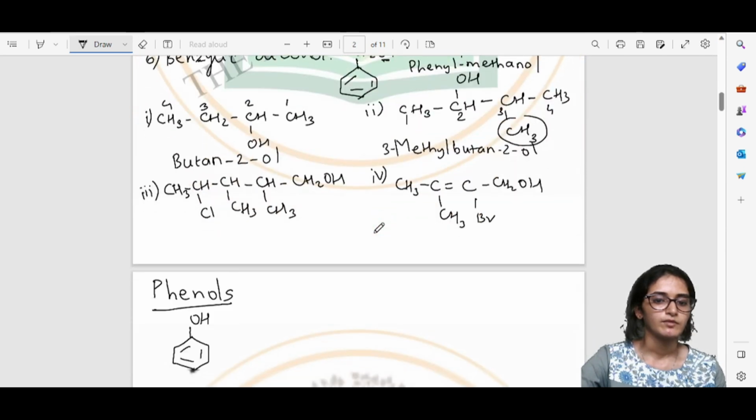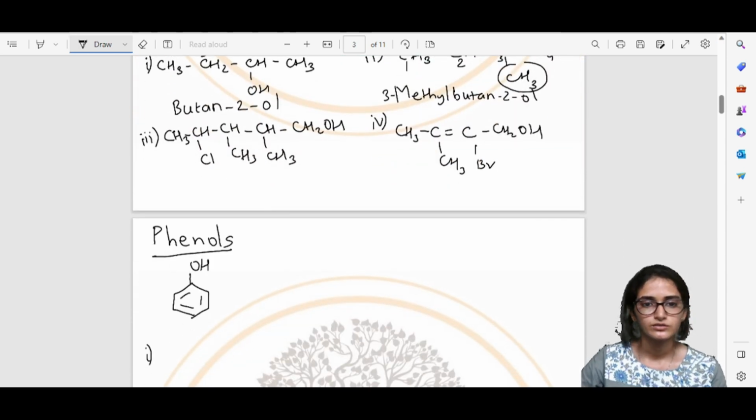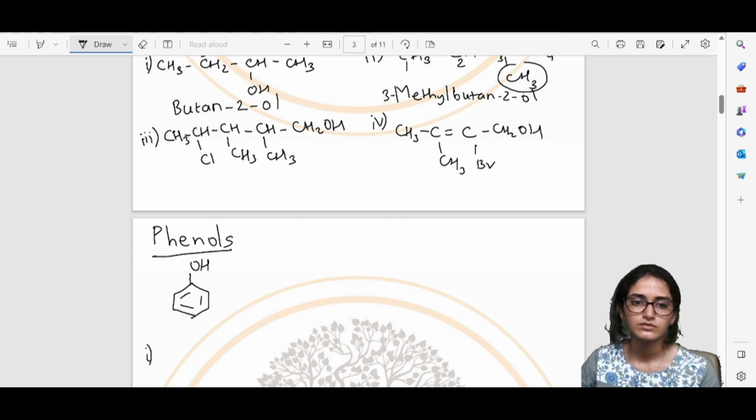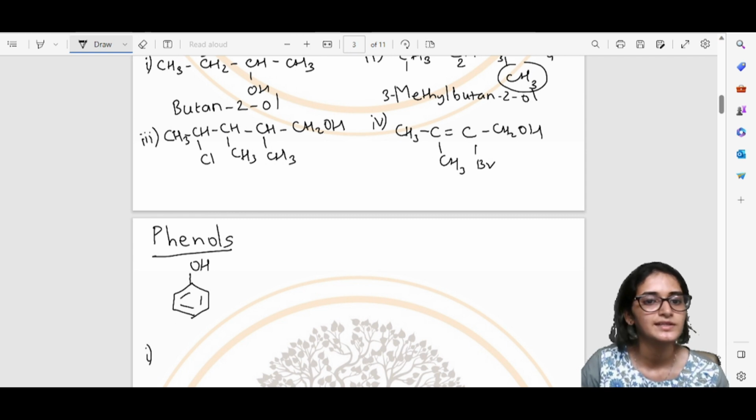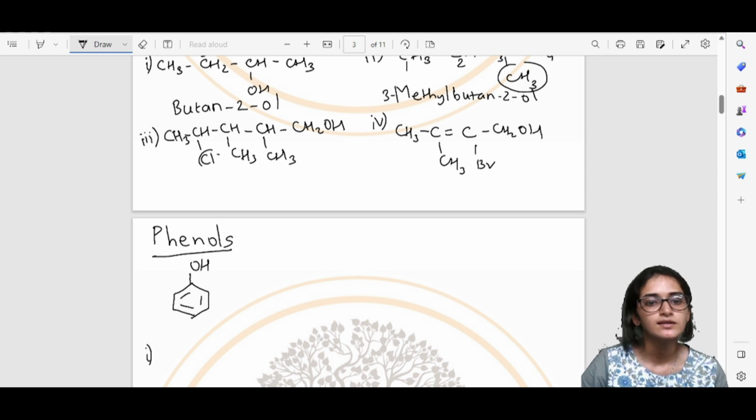Then we will try naming this compound. Here you can all see the complexity level is a little high. If you see the longest chain, we have this chain of 1, 2, 3, 4, 5 carbons, attached to that OH group, and these 3 groups will act as substituents.